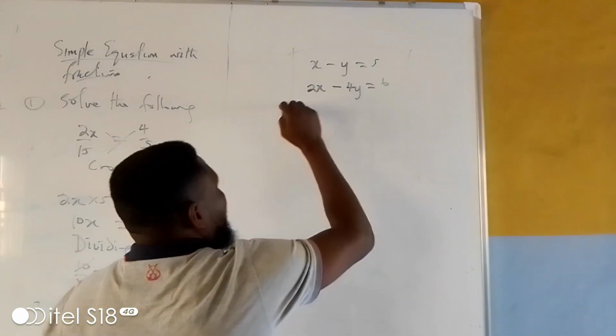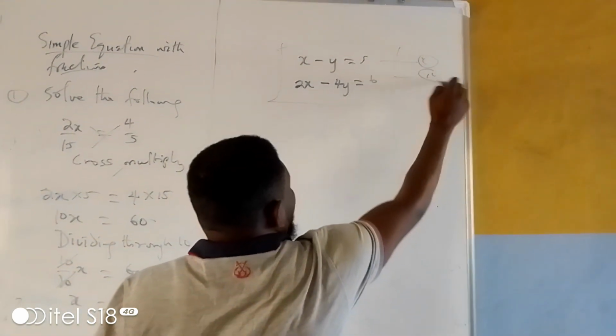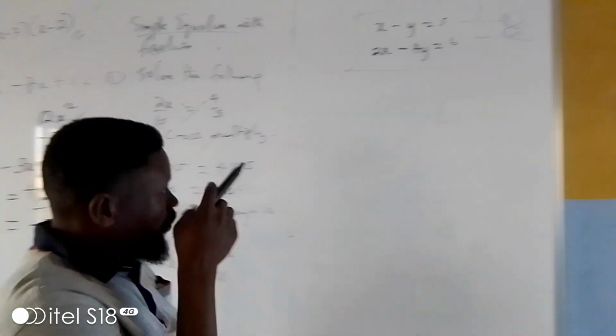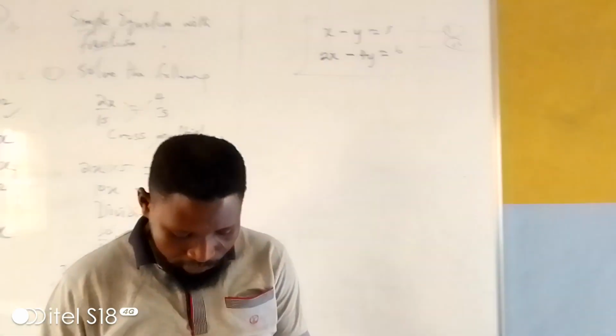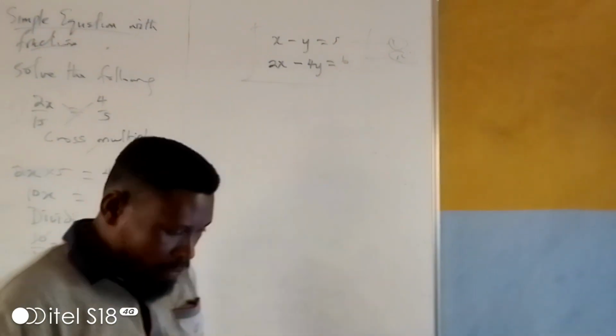You can see that there are two equations here. These two equations are said to be in simultaneous form.